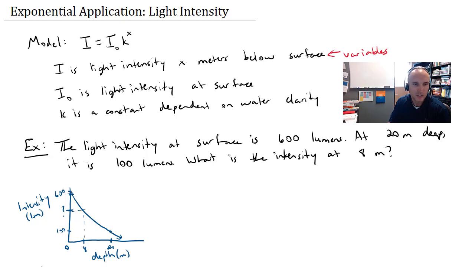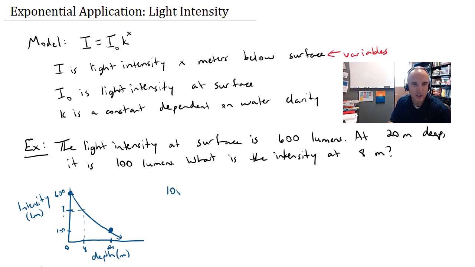So what we're going to do is use the two data points that were given here and plug them into our model to solve for any constants that we don't know. We know at 20 meters, so x is 20, the intensity I is 100.